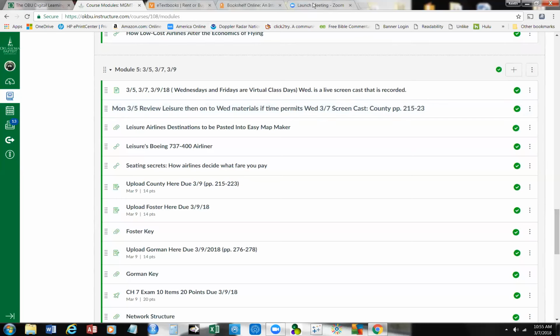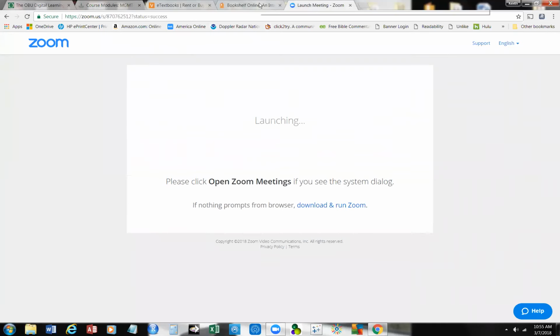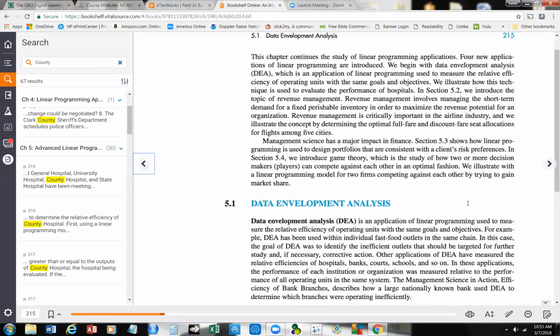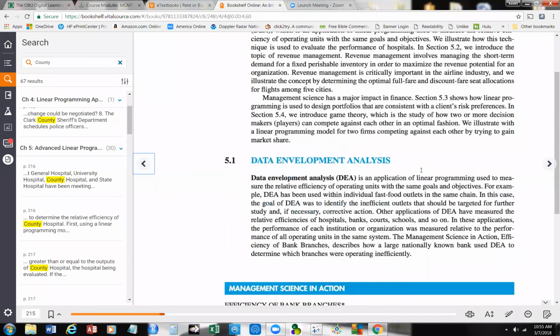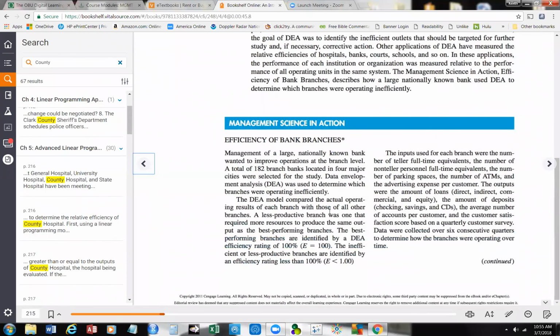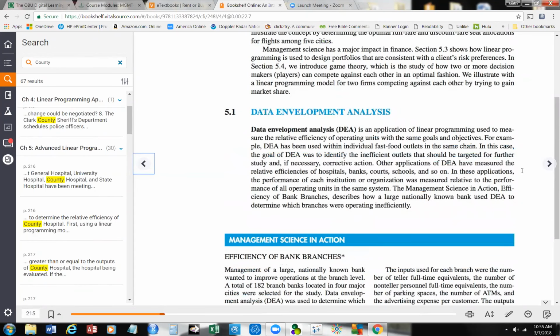And I want to go back over here for just a moment and talk about it a little bit, okay? The authors start us off over here on page 215 talking about data envelopment analysis, and they give us a real-world example where it's used with a bank and using it to determine the branches that were operating efficiently.